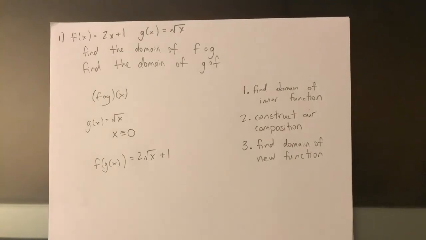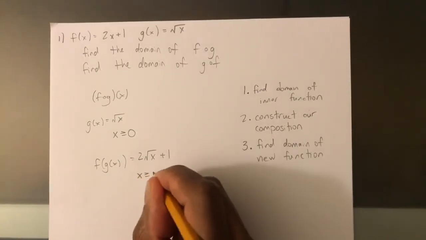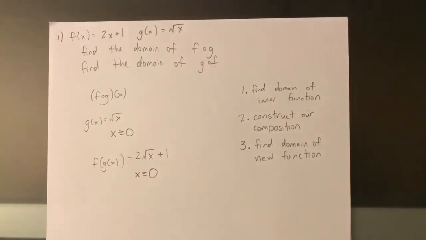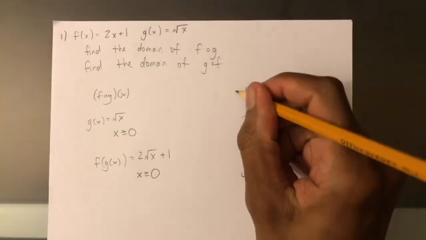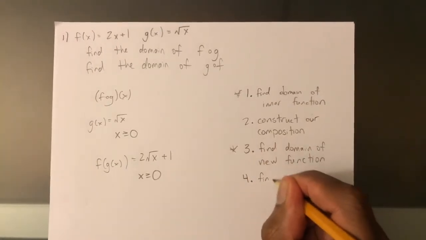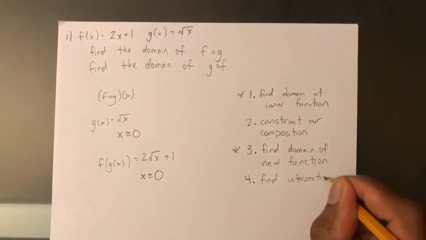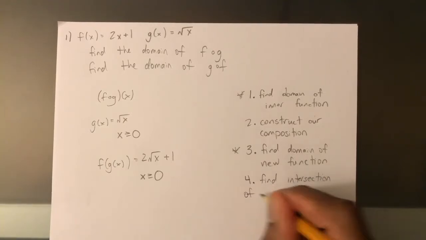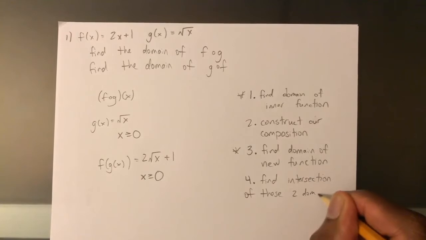Again, it's another square root function, so all you do is take the inside of the square root and set it greater than or equal to 0. So we actually ended up with the same thing. Exact same domain for that piece. Then to get the final answer, you find the intersection of these two domains, and then you'll be done.